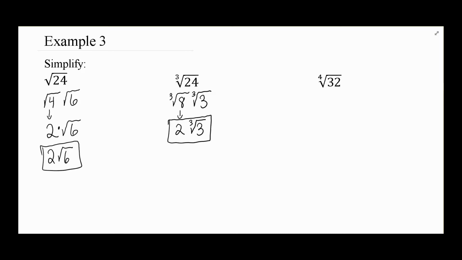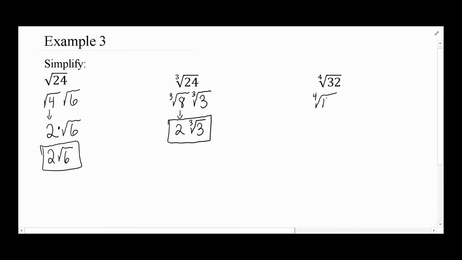If we always follow the same steps that say, in my first step, everything's got a radical. In the next step, things that change no longer have a radical. And then in the third step, we're just going to clean it up if needed. All right? So on to the last example here, within example 3. We've got a fourth root. Fourth root of 32, so we're looking at our perfect powers of 4. 16 is a perfect power of 4, and so that's how we're going to break it up.